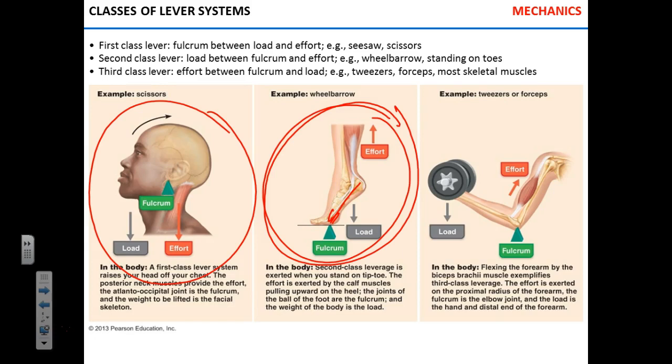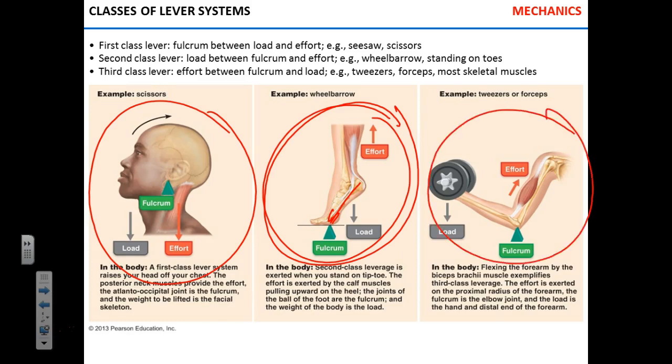Does that make sense? You can see that the range of motion is small, but the effort is pretty huge. The load that we can move with a rather small effort is huge.